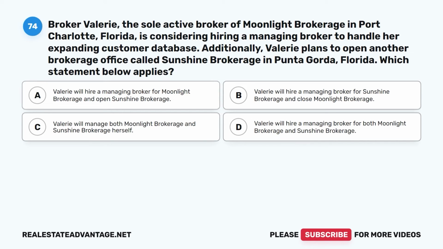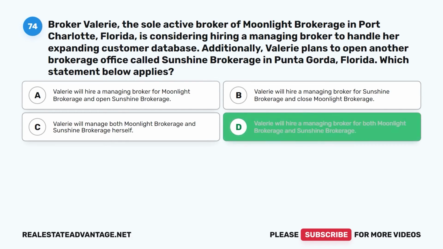A. Valerie will hire a managing broker for Moonlight Brokerage and open Sunshine Brokerage. B. Valerie will hire a managing broker for Sunshine Brokerage and close Moonlight Brokerage. C. Valerie will manage both Moonlight Brokerage and Sunshine Brokerage herself. D. Valerie will hire a managing broker for both Moonlight Brokerage and Sunshine Brokerage.